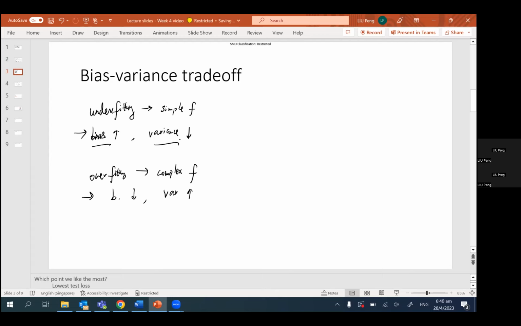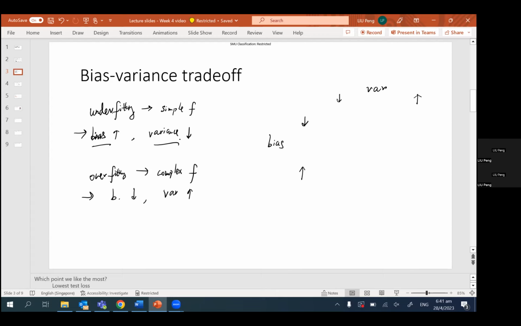So let's draw a sort of graph here. We put bias here, we put variance here, and this, for example, is bias very low, bias very high, and this is variance very low, variance very high. This is just a way to graphically understand what we mean by trade-off.